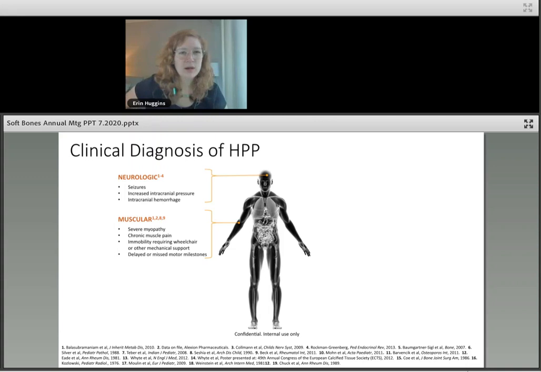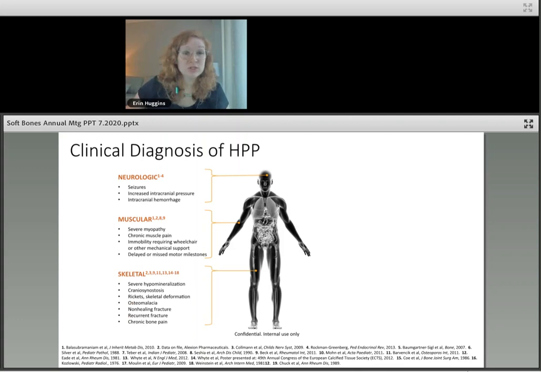And I'll say that that's pretty broad across the lifespan, but also apparent in young children who maybe weren't walking on time or didn't start crawling on time. So that can also be an early indicator of HPP in children. Of course, we're familiar with the skeletal manifestations, the undermineralization of the bone, poor healing of fractures, atraumatic fractures, chronic pain, and osteomalacia or osteoporosis, which can be seen on DEXA scans or bone density scans.